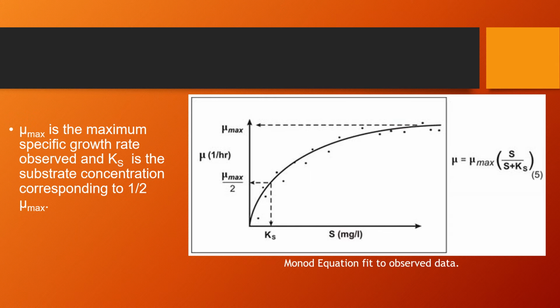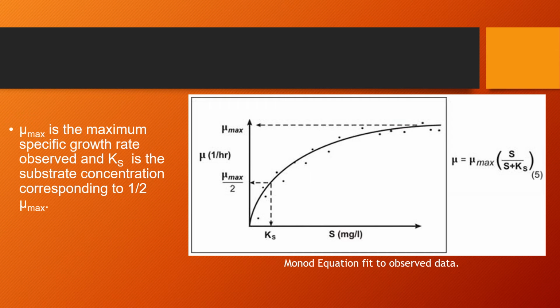What is mu max, now you will ask. Mu max is nothing but the maximum specific growth rate observed, and Ks is the substrate concentration corresponding to half of mu max. In this curve, which is the graph between mu and S, this kind of curve is obtained.